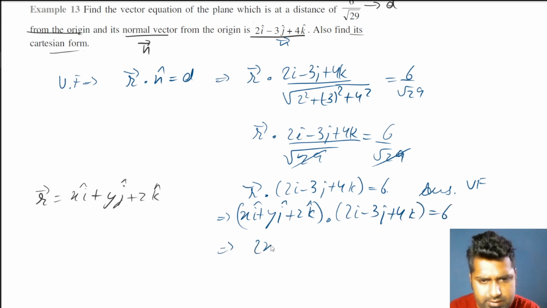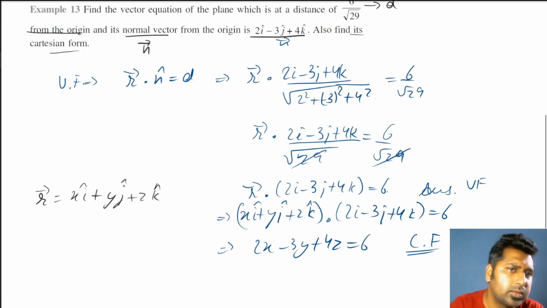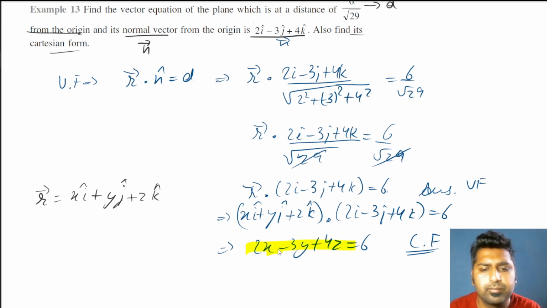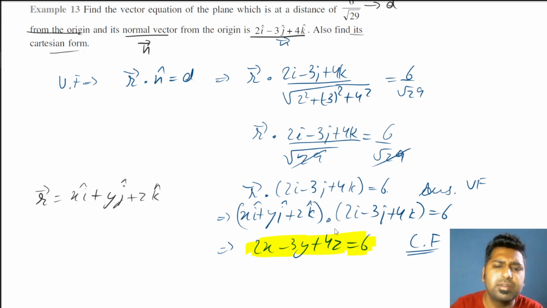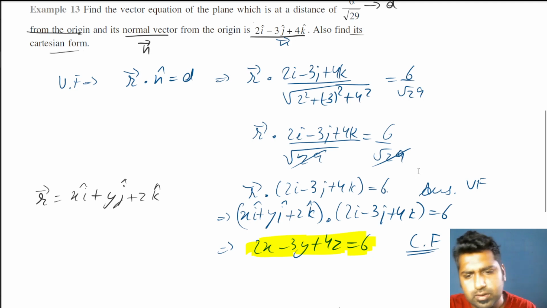So i with i, 2x minus 3y plus 4z is equal to 6. This is the Cartesian form, and usually the question will ask this form, or the question will be given in this form. I'm not saying they cannot give in vector form, it's just that it is more preferred.